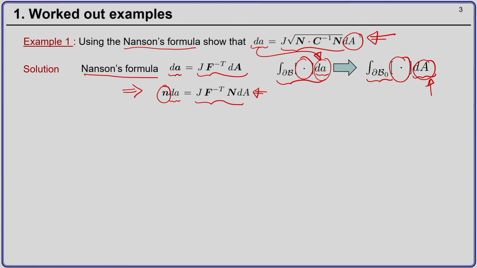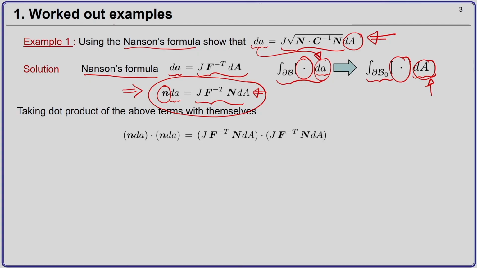To show this, we start with this relation, and then we take the dot product of the left hand side with itself and the right hand side with itself, because both are vector quantities.